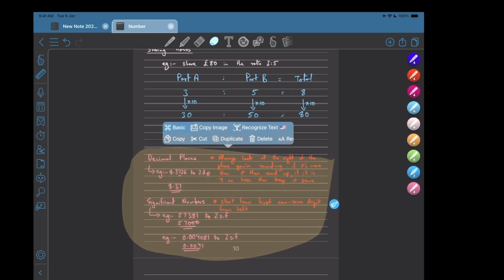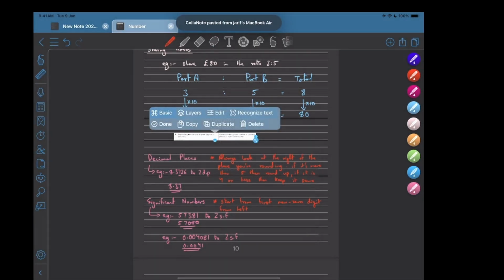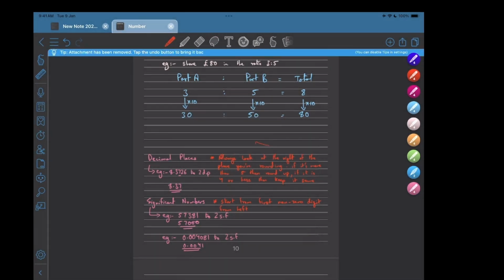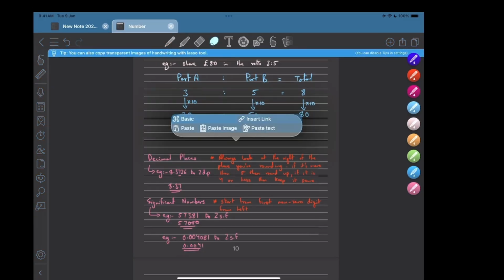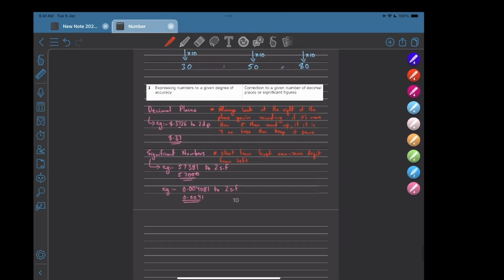Yep, this is fine. All right, this was the specification specifying numbers in the given degree of accuracy.